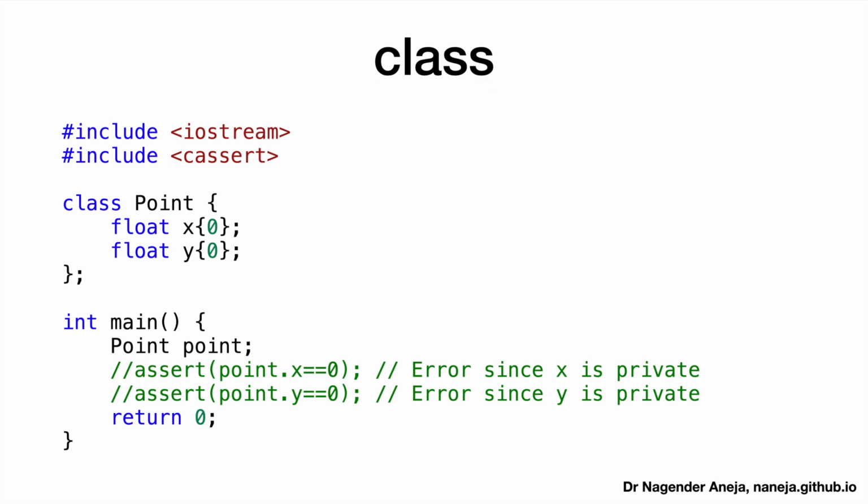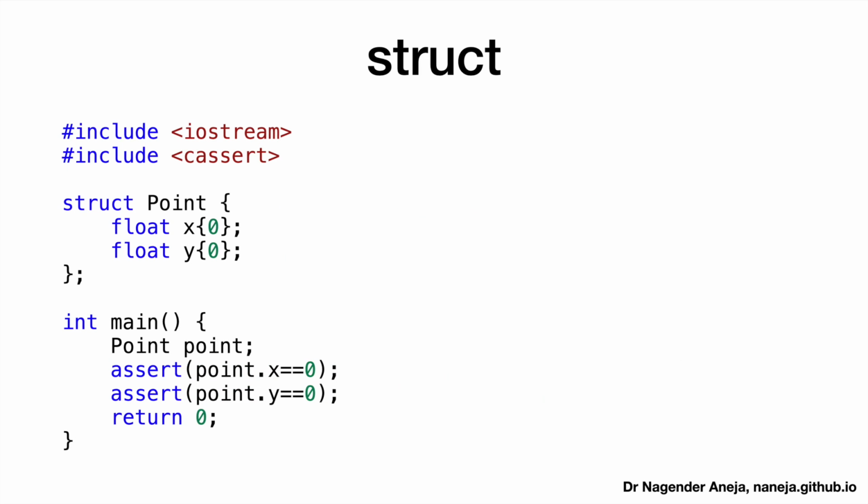If it is a class, then we just change it to class here. It's still the point, but now it is a class. As we know, the default in a class is private, while if it's a struct, the default is public.